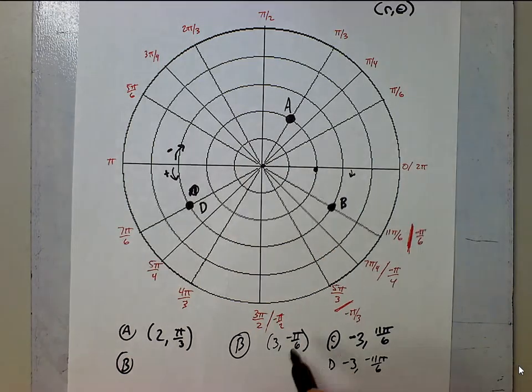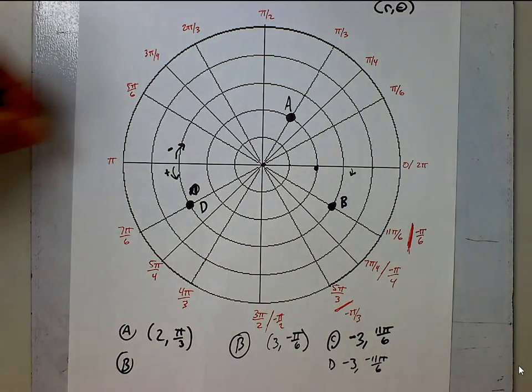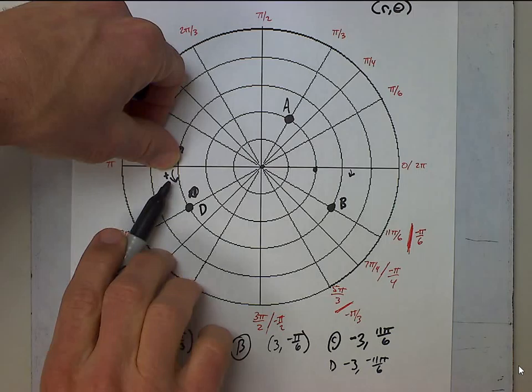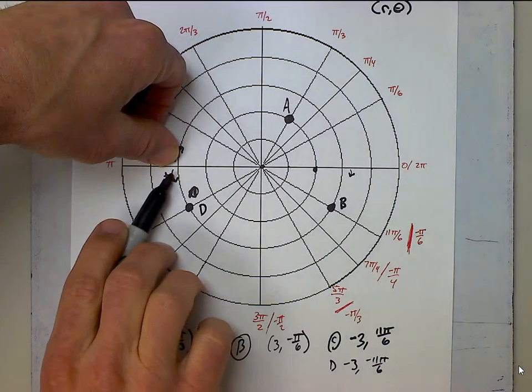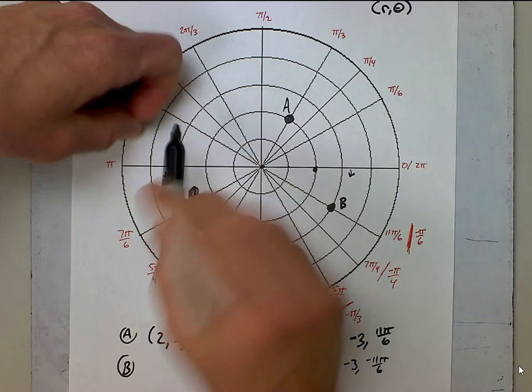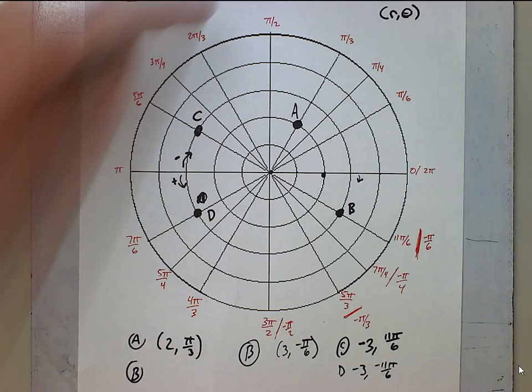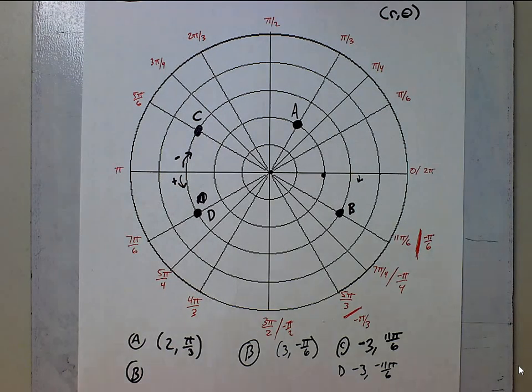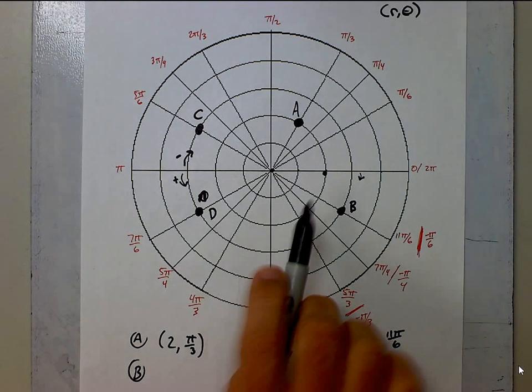Positive 11 pi over 6, so there's negative 3. Positive 11 pi over 6 means going in the positive direction, which is this way. And it's going to go all the way around to here for my letter C. Now you can see, hopefully from this, there's different ways to get to these different points. And we'll try to make that more clear as we go.